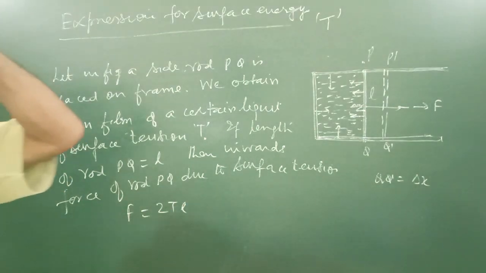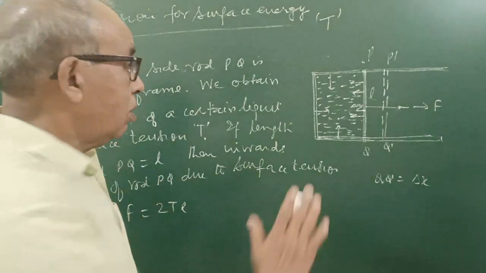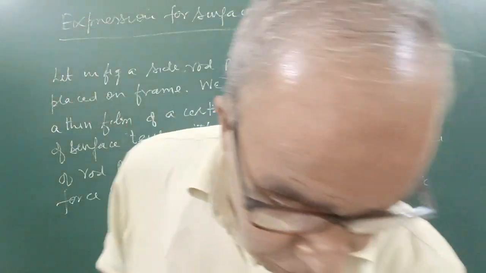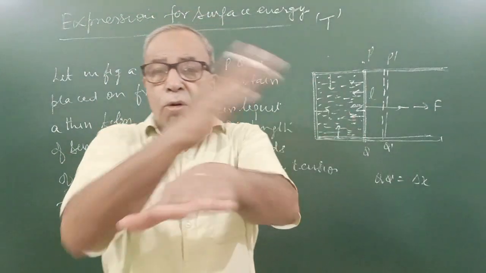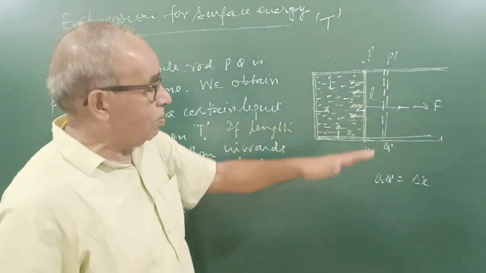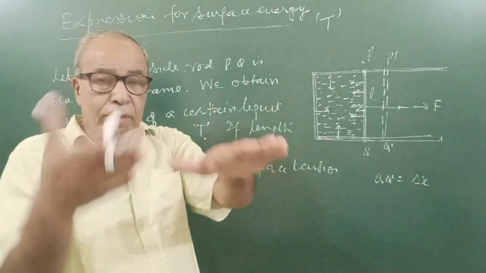Why 2TL? There are two surfaces, one above, the other below. It is a thin film. Two surfaces, above and below.